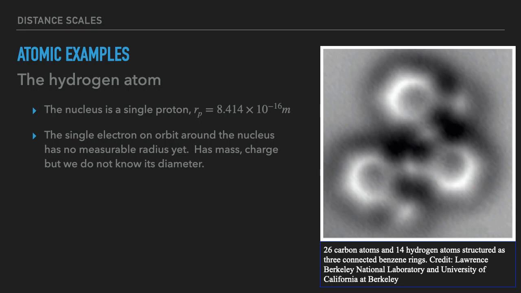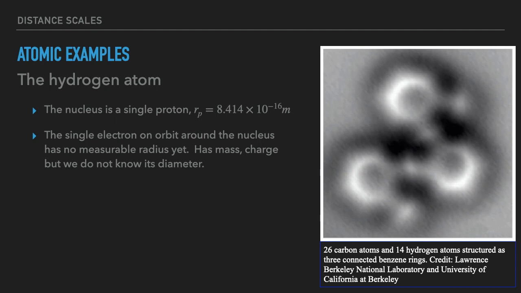Anyways, so the nucleus of a hydrogen atom is a single proton, about 8.414 times 10 to the minus 16 meters in diameter. Now, the single electron in orbit for the hydrogen atom, we haven't been able to measure its radius in any way. I mean, we know it can't have zero radius, but we haven't been able to get precise enough to actually measure its diameter.